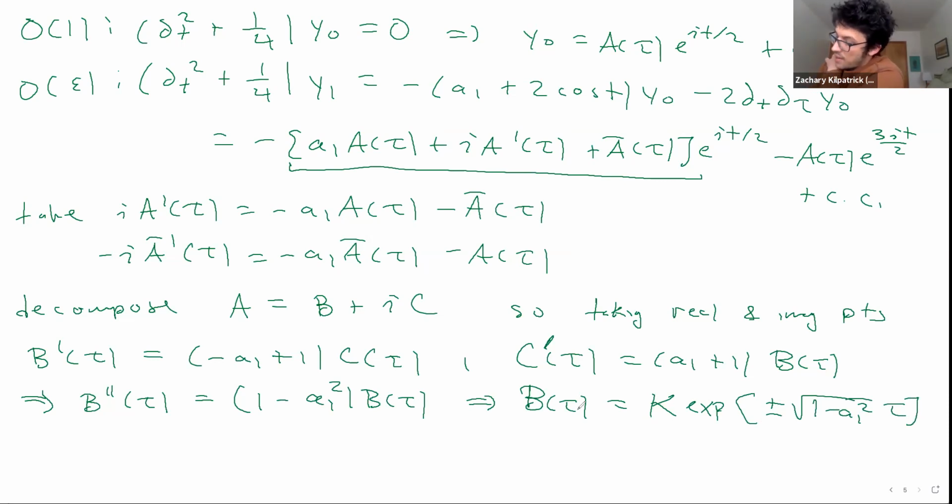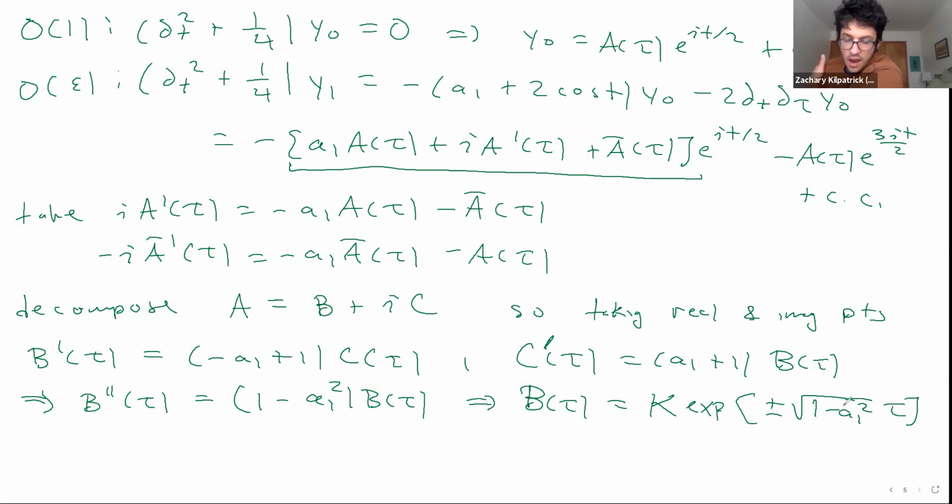So now I've learned that my amplitude is going to be some exponential of the slowly varying time scale tau, and it's going to involve essentially some eigenvalue. This would be like my Floquet multiplier here.